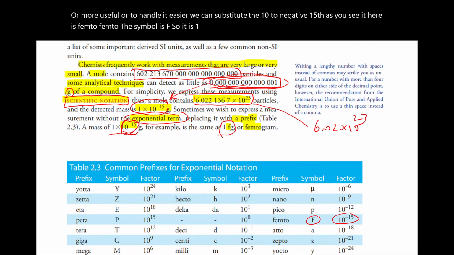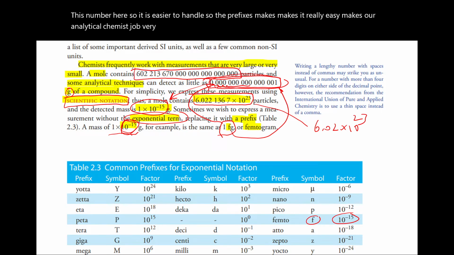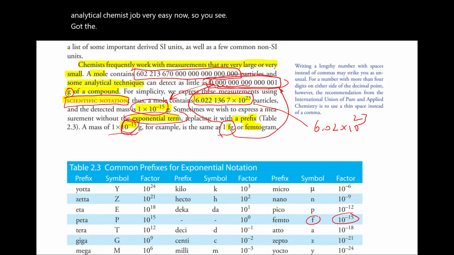That 1 femtogram represents this number here. So it is easier to handle. So the prefixes make it really easy, and make the analytical chemist's job very easy. Now, so you see yotta here.